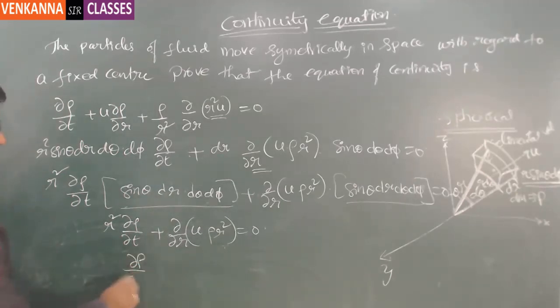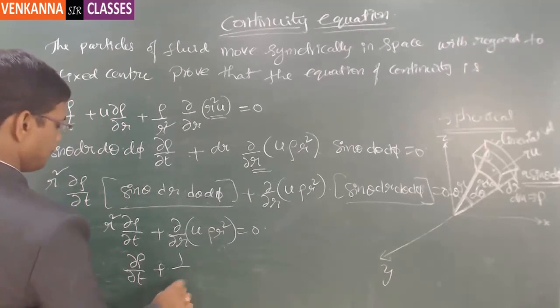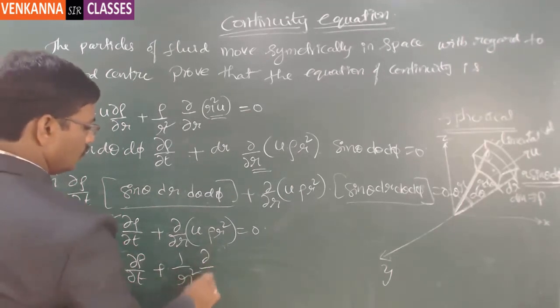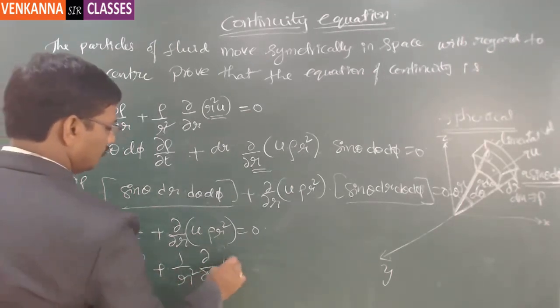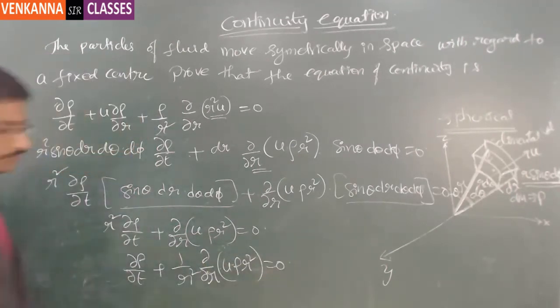Dou rho by dou t plus 1 by r square into dou by dou r of u into rho into r square. So this is the continuity equation. Got it? Understood?